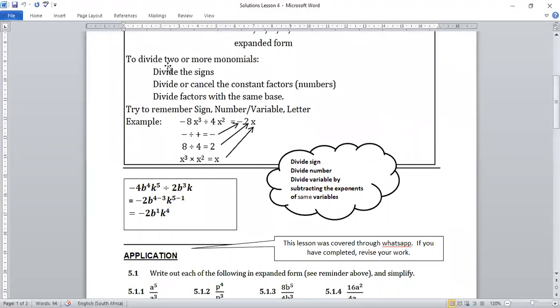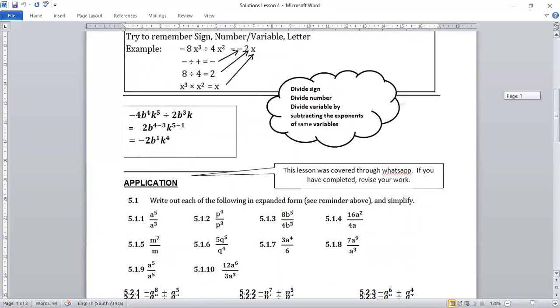So just remember, you're dividing two or more monomials. You divide the signs first, then you cancel out the constant factors as shown in the example below.